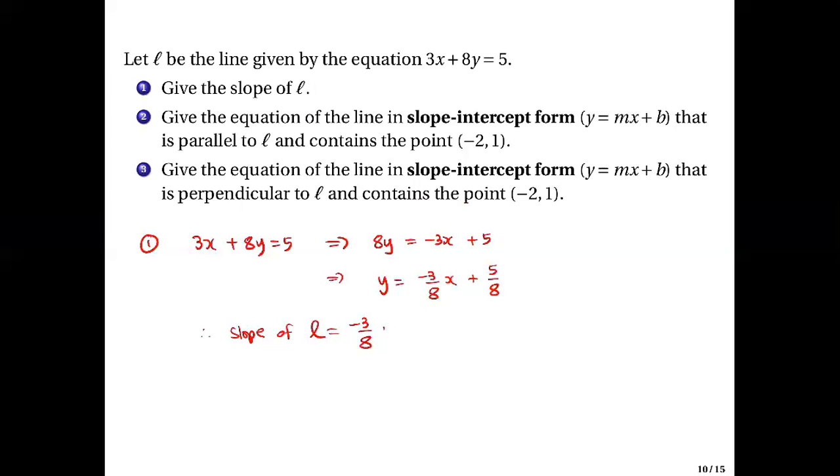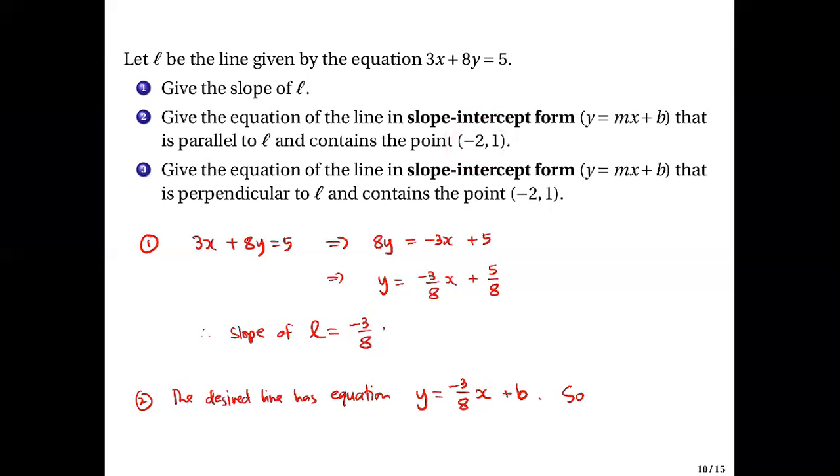For number 2, give the equation of the line in slope-intercept form that's parallel to L and contains the point -2, 1. So in here, the desired line has equation y equals -3/8 x plus b. It's parallel to L. To solve for b, we use this point here. Okay?